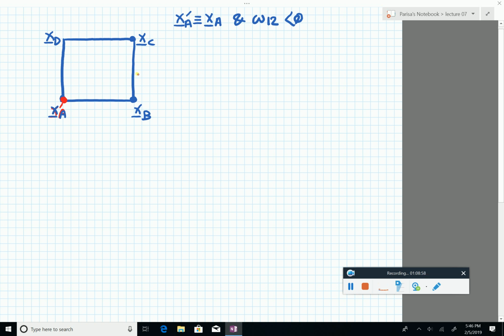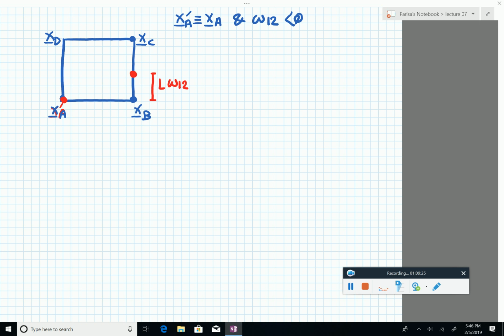And then what happens to xb? Where does it go? It goes up. Look back at the formulation. It goes up. How much? Because it's negative L omega 1, 2.